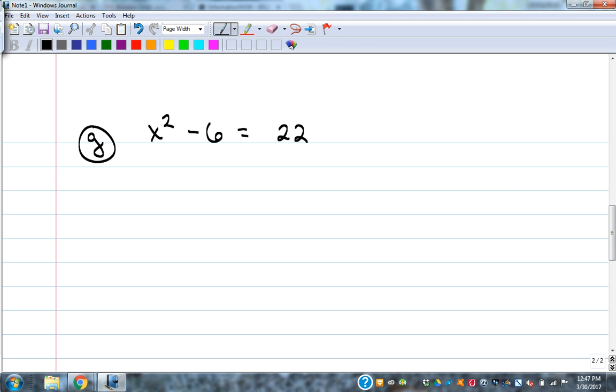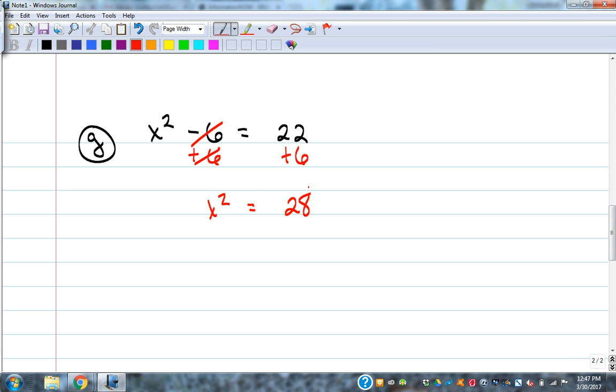I still say this is not expert level yet. Add 6. Why? To get the x squared by itself. That's the whole idea here: get x squared by itself. So we're doing the operation to get that x squared by itself. So we're going to add 6.